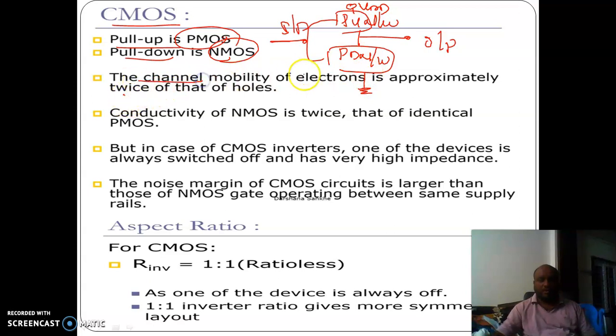The channel mobility of electrons is approximately twice that of holes, which is known to us. Hence the conductivity of NMOS is twice that of PMOS.